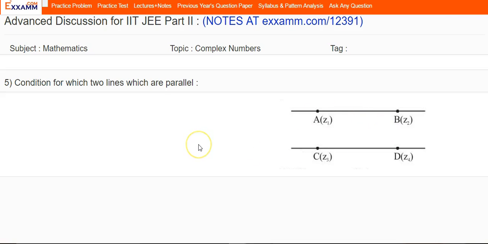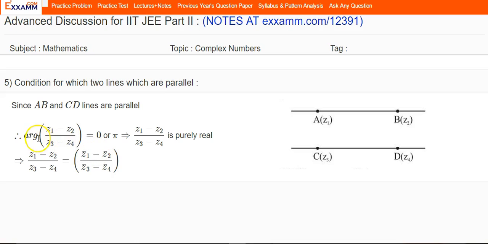So what would the rotation formula look like in case of two parallel lines? The argument of (z1 minus z2) divided by (z3 minus z4) is equal to 0 or pi.